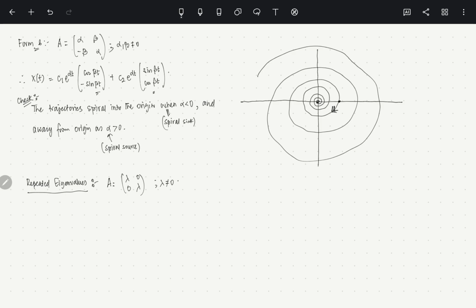Now we want to see how the trajectory looks. I don't have to explain how all of this works, because we have already talked about the general solution. I'm just writing it down. In this case the general solution looks like this: x of t is c1 e power lambda t times the vector (1, 0), plus c2 times e power lambda t times another vector, with a t term, if you remember.